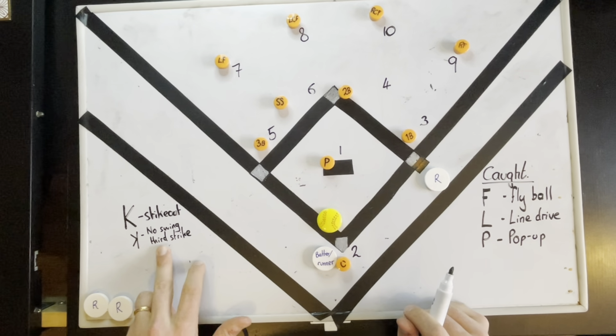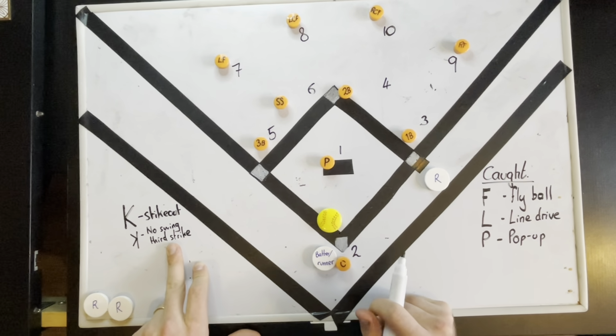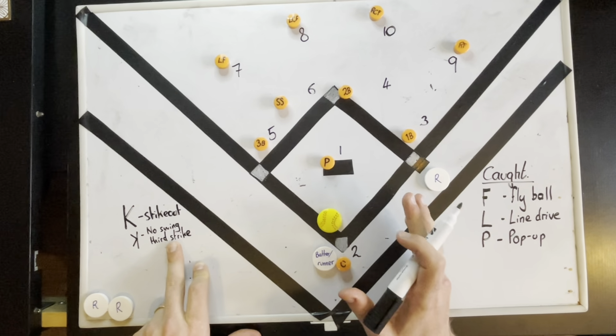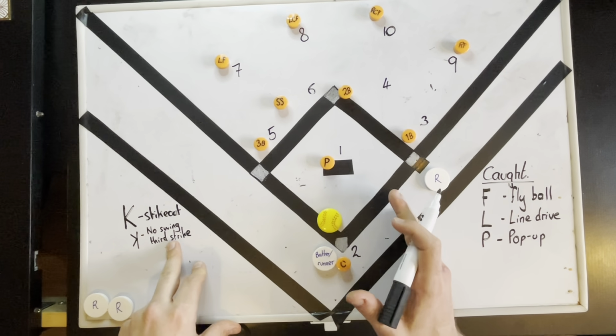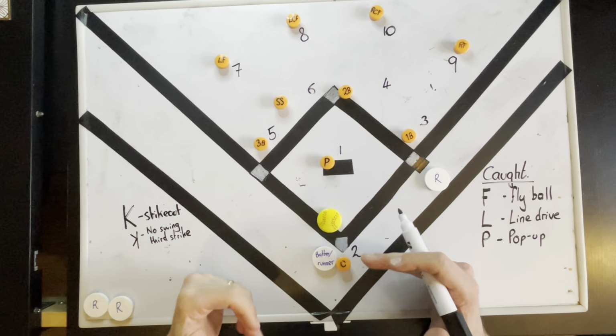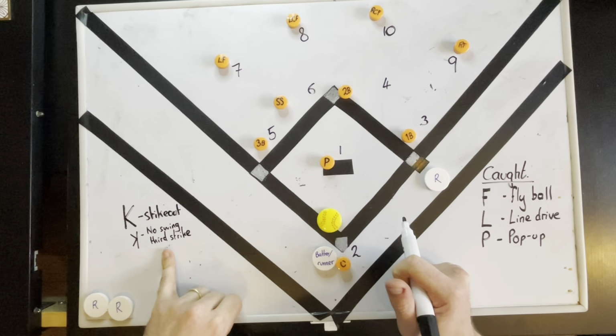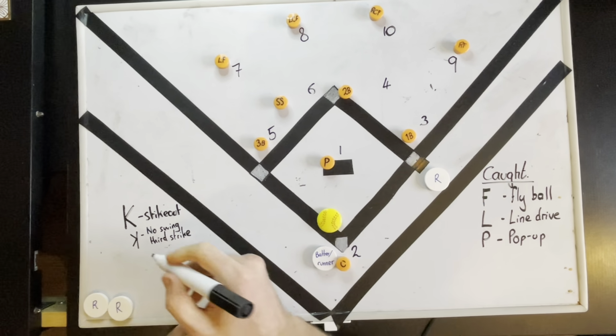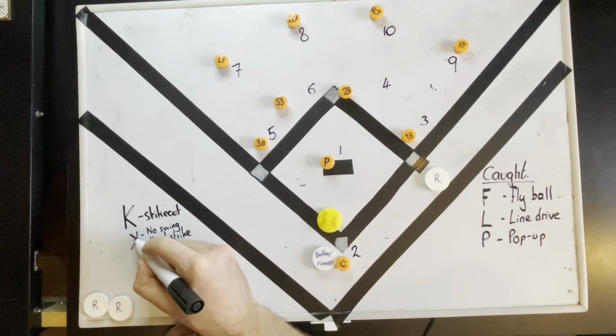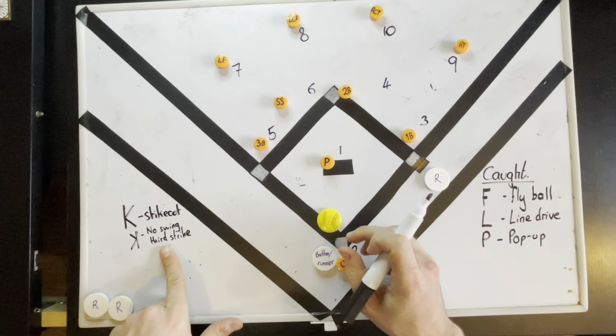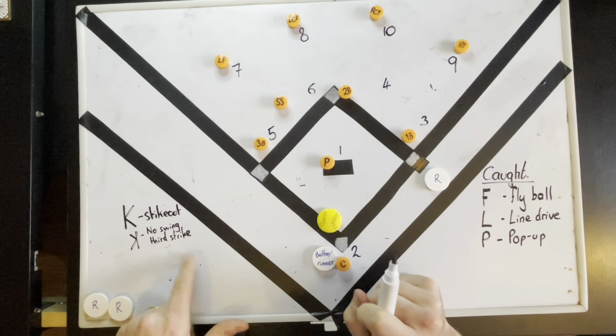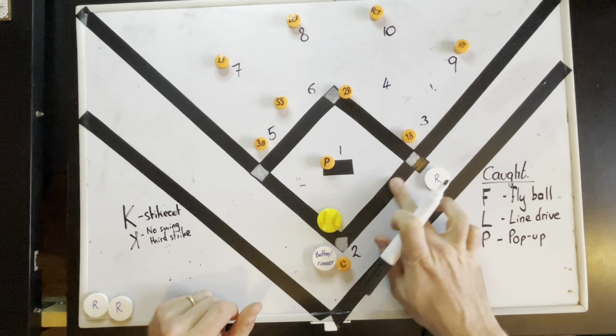So you might hear it as strike out looking or struck out looking. So you thought it was going to be a ball, you didn't bother swinging your bat, but it turns out it was a strike. And it turns out it was your third strike. So you might see it written as a backwards K. So it means that you struck out and on the third strike, you didn't swing the bat. So you might see it like that.